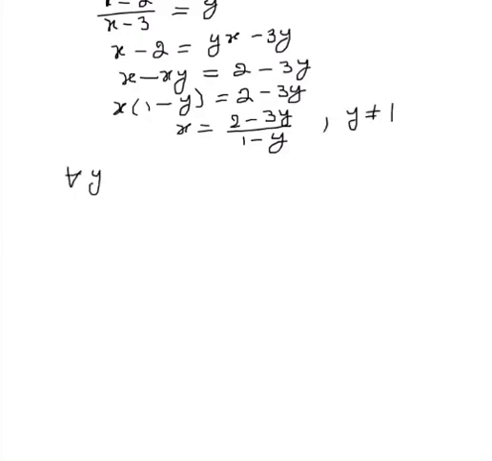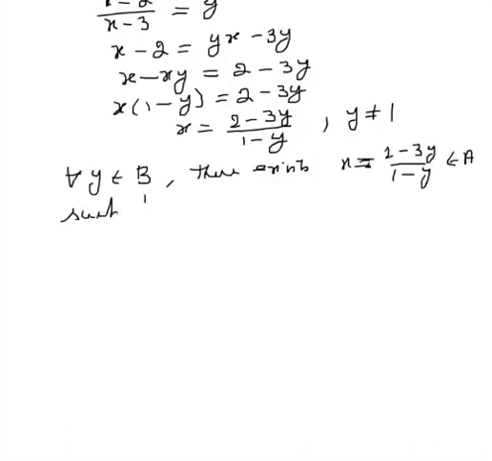Therefore, for any y belonging to B, there exists x, which is (2 minus 3y) by (1 minus y) in A, such that f of x, which is f of (2 minus 3y) by (1 minus y), let us substitute.